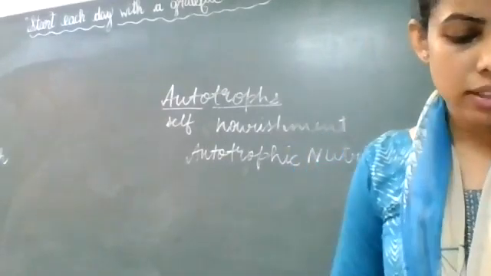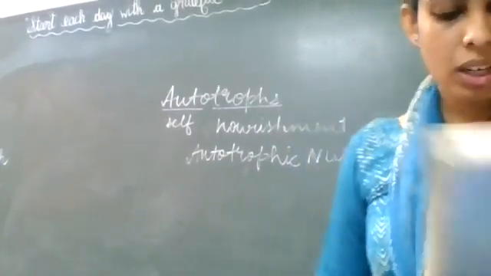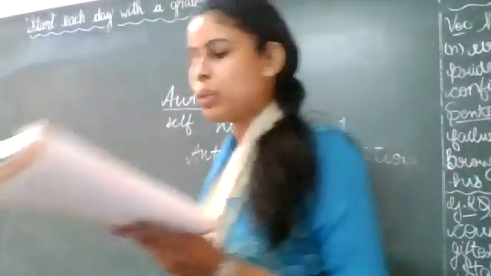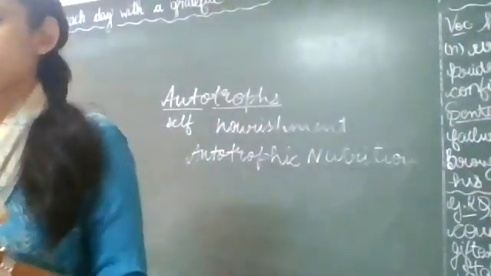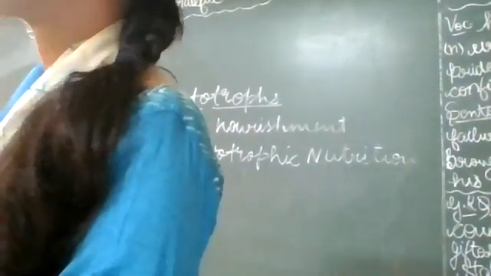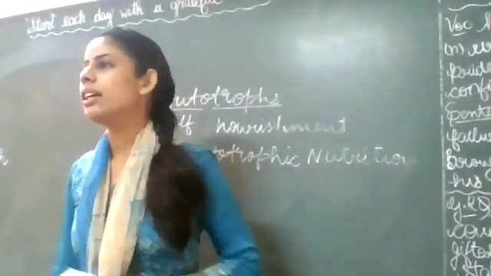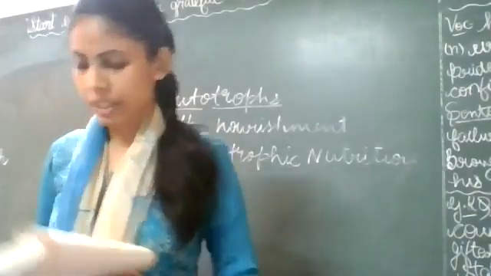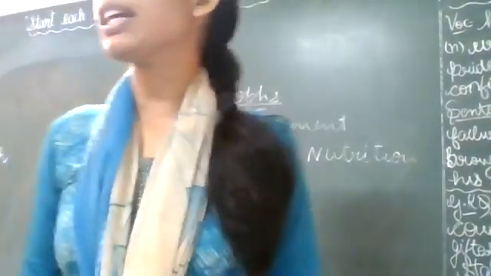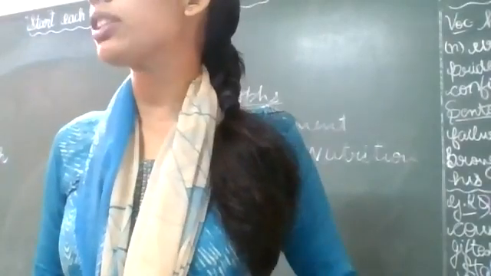Now the next is photosynthesis, food making process in plants. Leaves are called the food factories of the plants. And the synthesis of the food takes place in the leaves. So what are the raw materials for the process of photosynthesis?